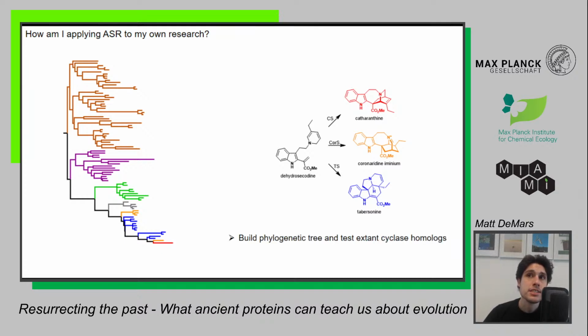This is just a small version shown here. And then I wanted to test a subset of these extant cyclase homologs. And so down here, this grouping down here are all of the cyclases. So these enzymes that are shown here at the nodes are performing this cyclization reaction. This grouping here is unknown. So the proteins I haven't been able to determine a real function for.